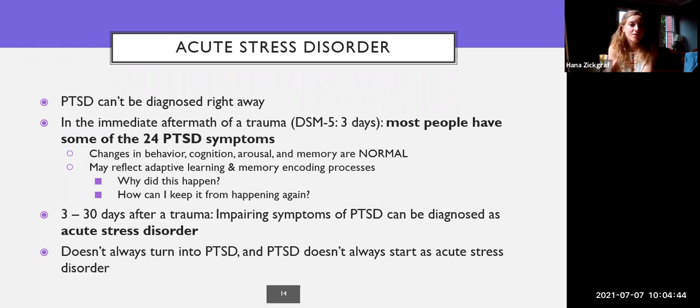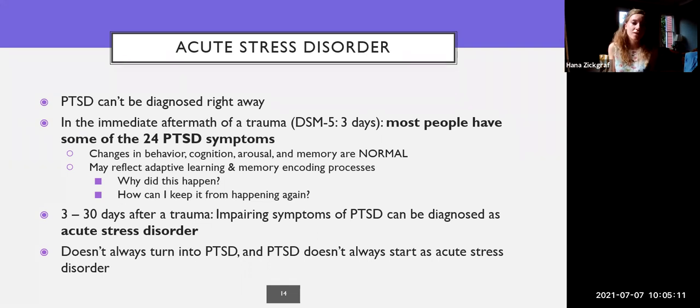So in the first 3 days after a trauma, you can't diagnose someone with anything, and having these symptoms is normal. When people experience impairment, so distress or dysfunction due to PTSD symptoms following a trauma in about the month after the trauma happened, they can be diagnosed with what's known as acute stress disorder. But again, PTSD is thought of as a long-term reaction to trauma, and so we can't diagnose PTSD until at least a month after the trauma has passed.